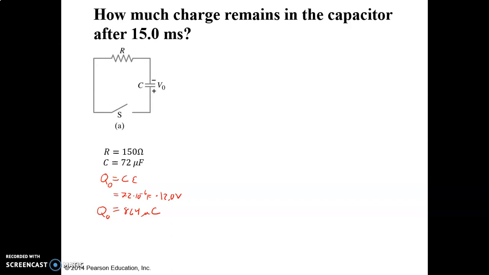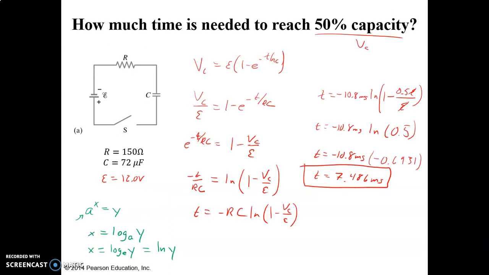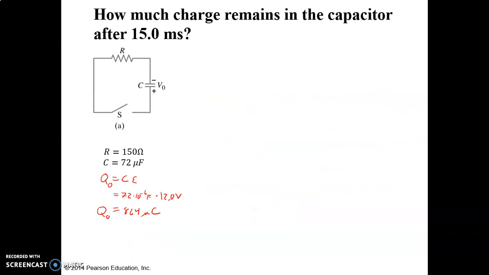All right, so your initial charge is 864 microcoulombs. We're just assuming the capacitor had enough time in this setup to fully charge. Okay, that's beside the point. That was just to give us a number. Now we want to know how much charge remains after 15 milliseconds. Well, remember that the discharging equation for both charge and voltage is your initial value times e to the negative t over RC.